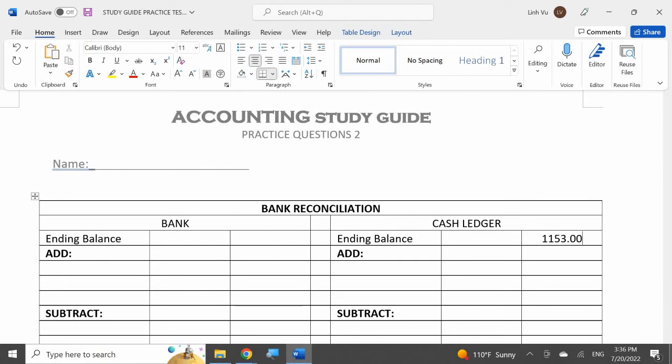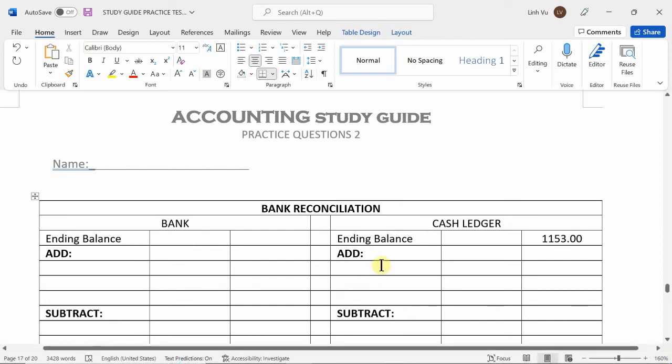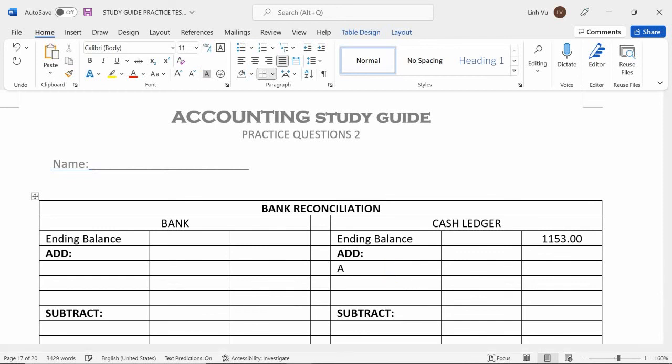Okay? What do you need to add on the cash side? The credits we received. So on the bank statement, we have ACH of $125, and then we have interest of $75, and then a total of $200 credit.